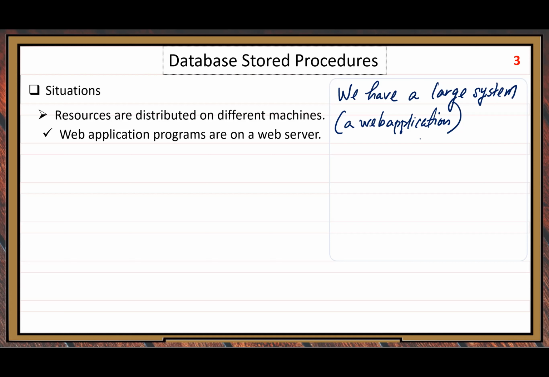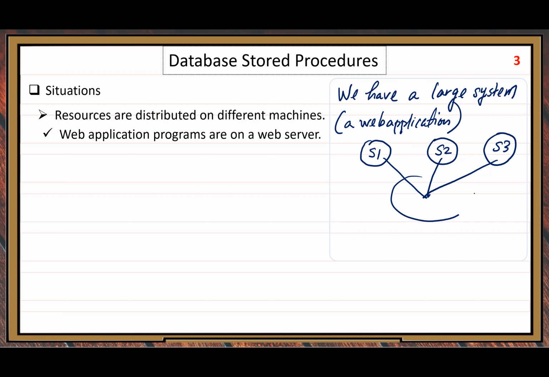The web application programs are on a web server. Here, let's imagine we have many servers in the world: server 1, server 2, server 3, and so on. But all these servers work together as one system.